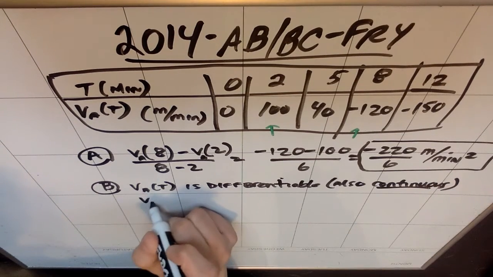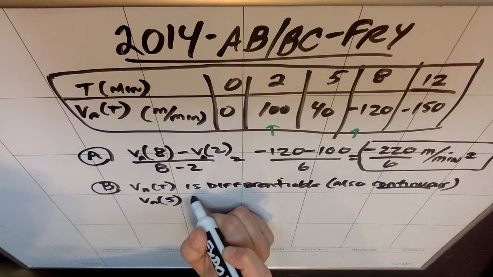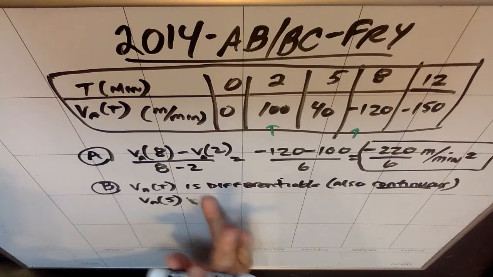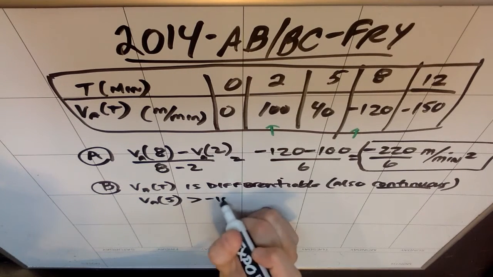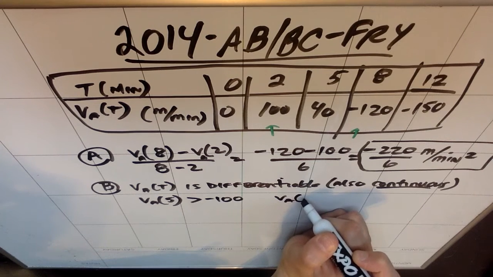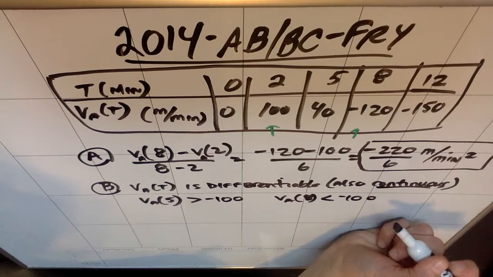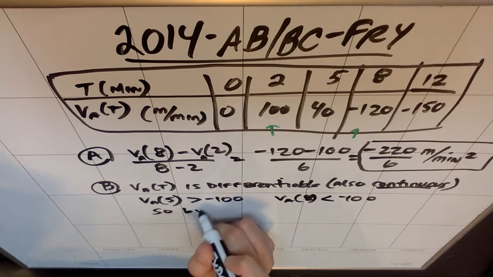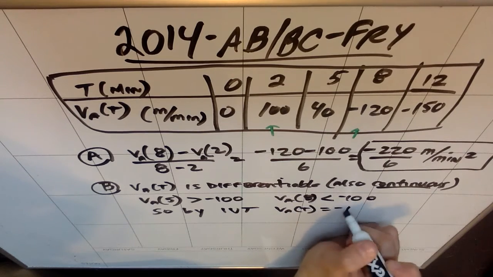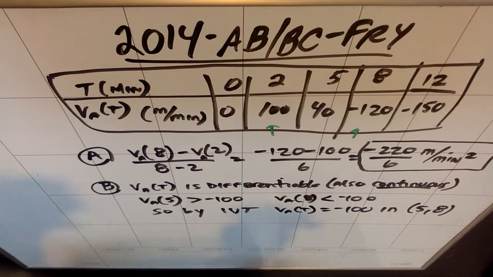Okay, we know that VA of 5 is greater than negative 100, and that VA of 8 is less than negative 100, right? So by the intermediate value theorem, VA of t equals negative 100 sometime in that window from 5 to 8, right?